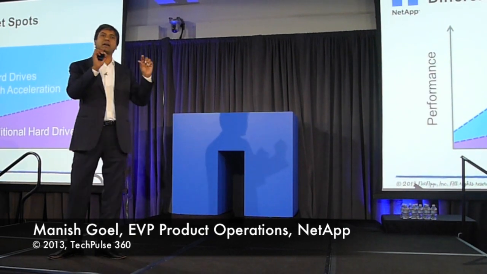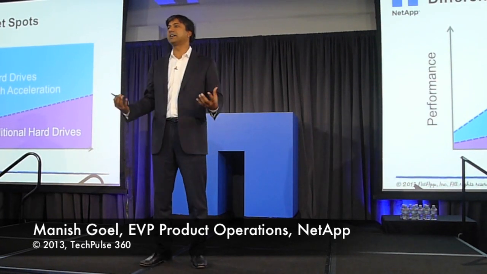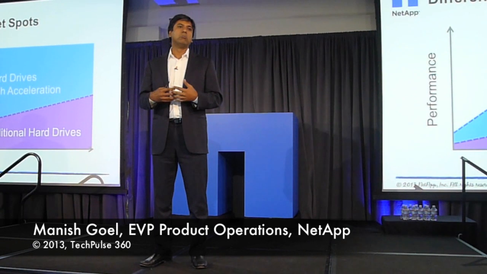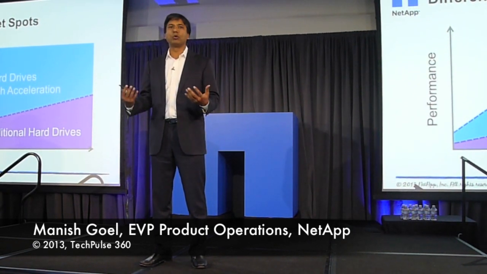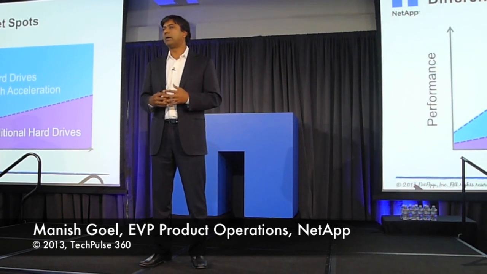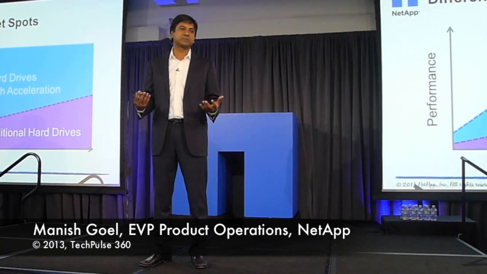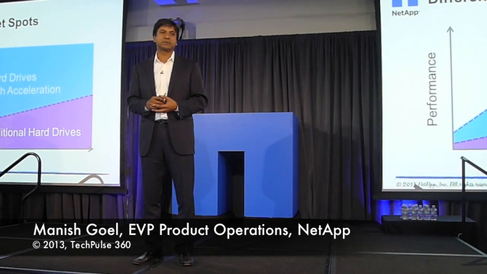But then you combine the characteristics of Flash, and for very little Flash, you can accelerate these hard drive-based systems, and you can deliver much higher performance for the same capacity and a slightly more dollars per gigabyte. But the overall cost of the system becomes significantly lower, and that's usually referred to in the industry as hybrid systems. And that would be a combination of hard drive and Flash-based systems.